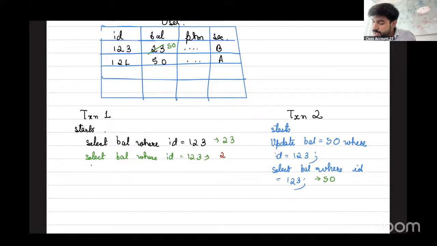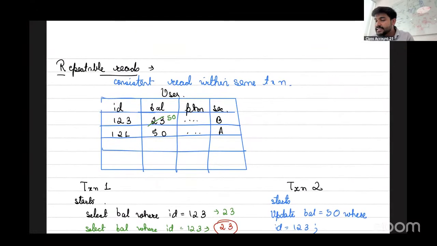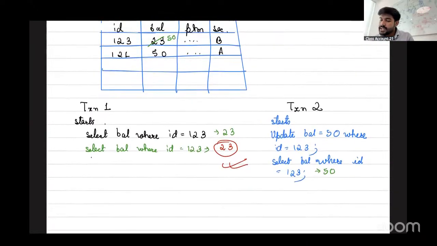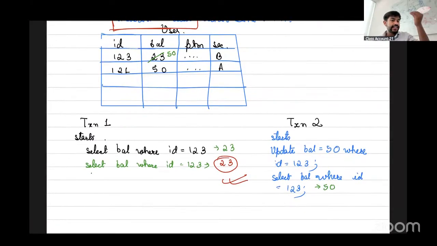Here the output would be 23. Even though transaction 2 has updated something after transaction 1 has started, the value is not changing. Consistent read within the same transaction means that whatever was the value when the transaction started, it would keep that value, whatever happens to the database.